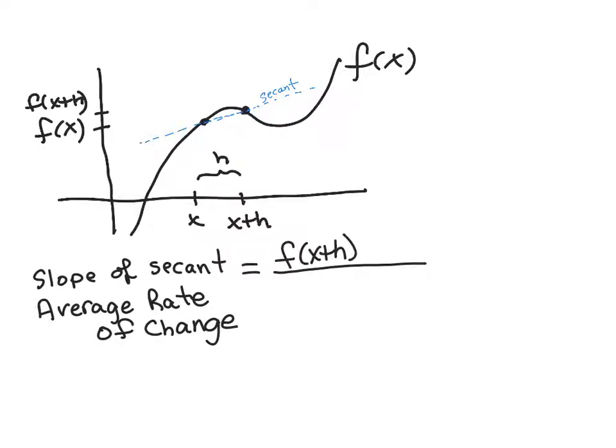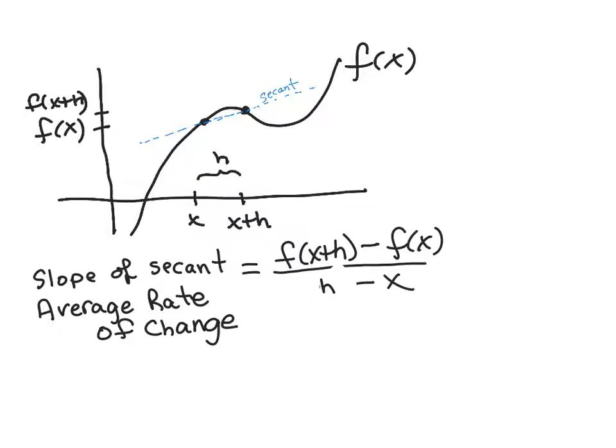All right, so y minus y over x minus x will give me the slope of the line. But look at the bottom, x plus h minus x. Well, the x's cancel, right?